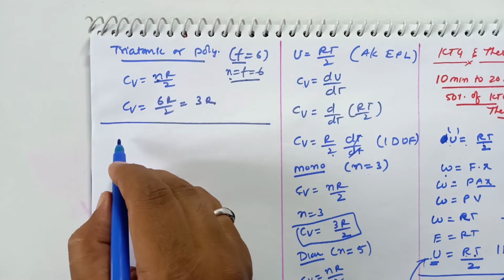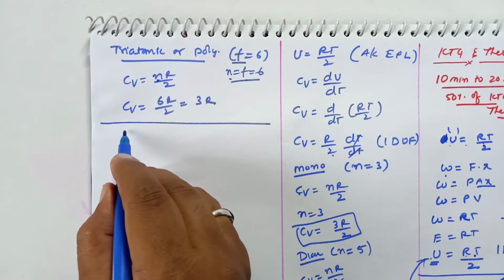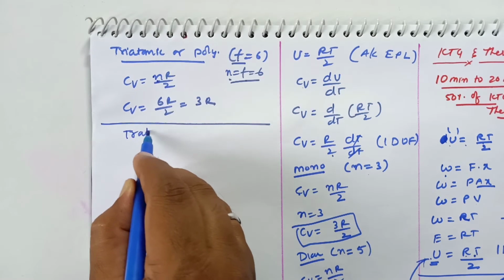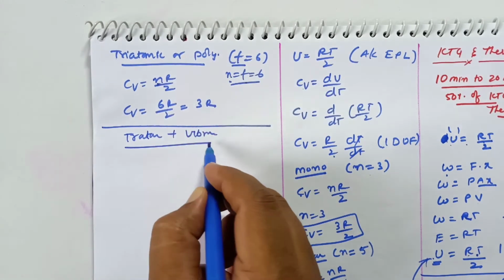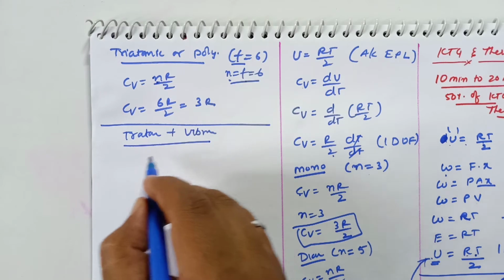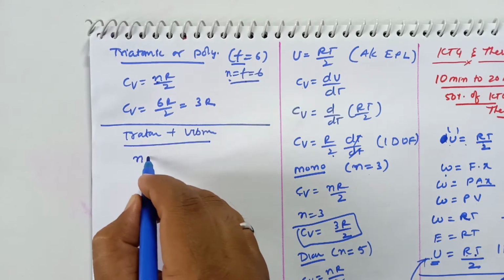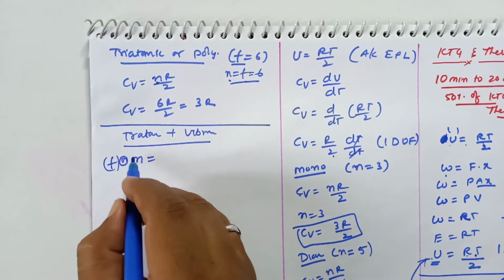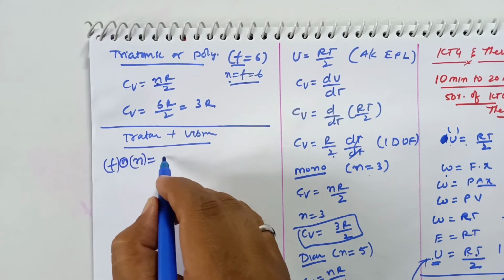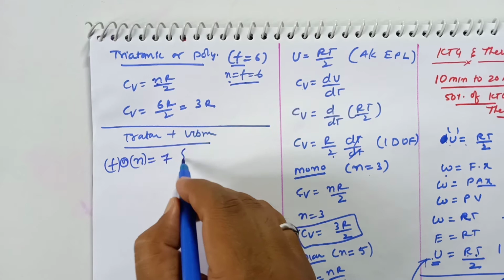Then next we shall discuss a triatomic molecule with vibrational kinetic energy also. If vibration is also mixed, then what happens to the degrees of freedom, that is n or f, doesn't matter? So that is going to be how much? It is going to be 7. How is it so?